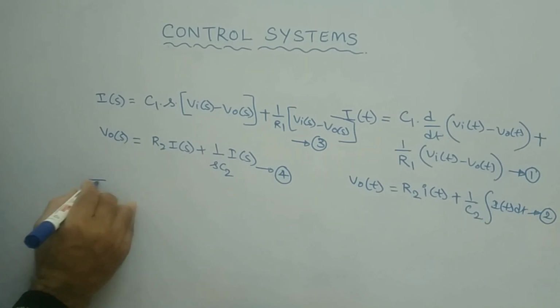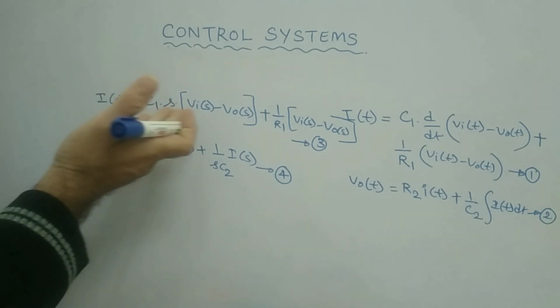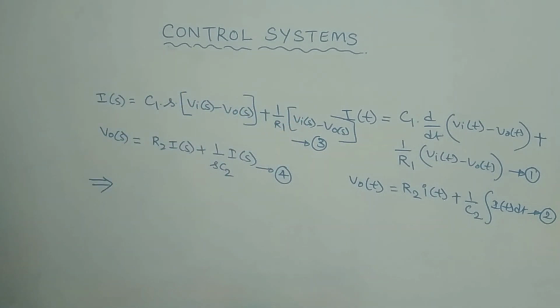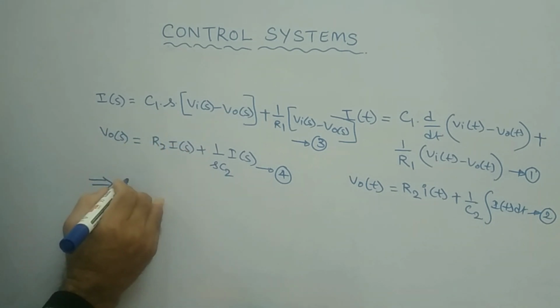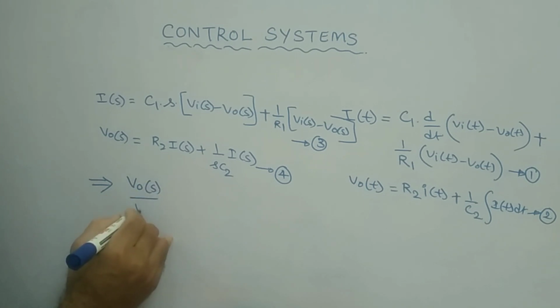After simple calculations from these two expressions, everything is in terms of I of s, Vi of s and V naught of s. With the knowledge we have studied so far, you can obtain the relation V naught of s by Vi of s very simply.